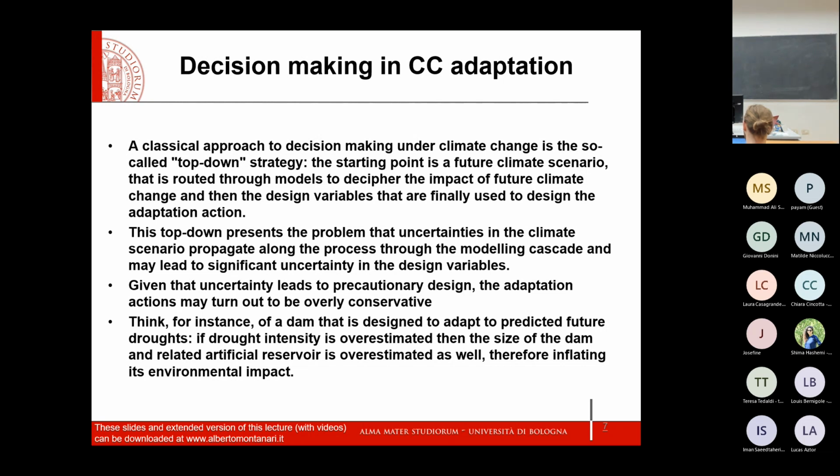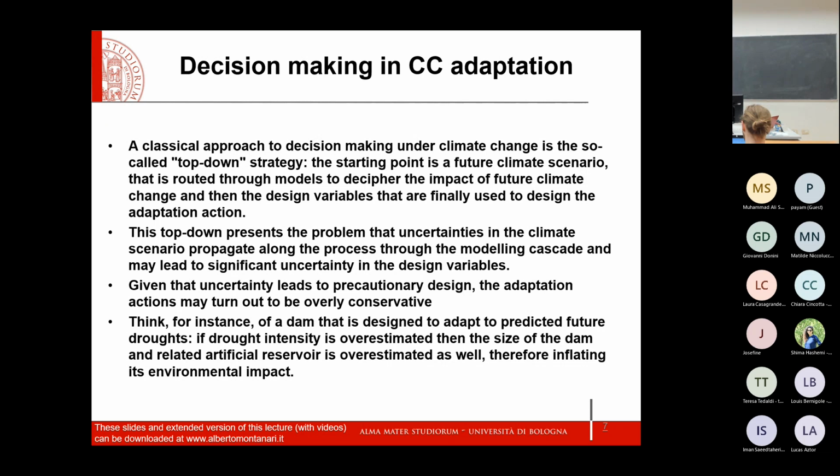The starting point is a future climate scenario, which is routed through an impact model. And then we obtain an estimate of future impact of climate change. And then through this model, we also generate the design variables.